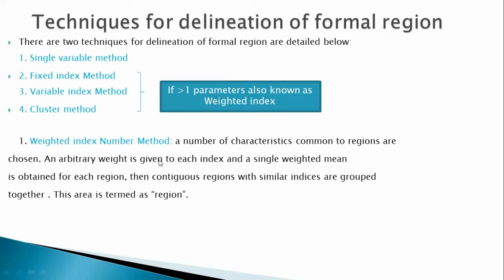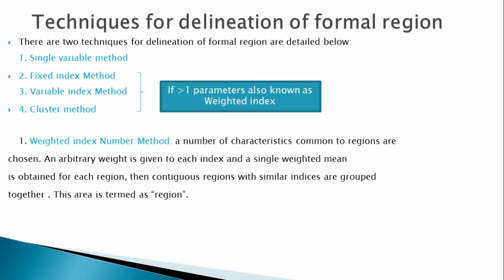Those characteristics may be population or population density or per capita income or unemployment rate, rate of industrialization, etc. These are chosen and then a weight is given to each of these. If we are taking population, we will give a weight to this.